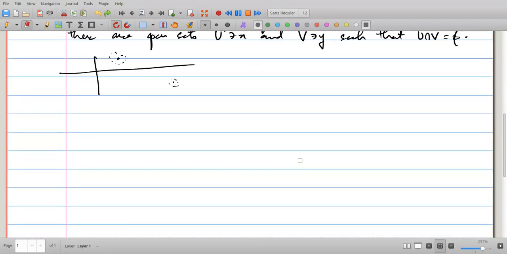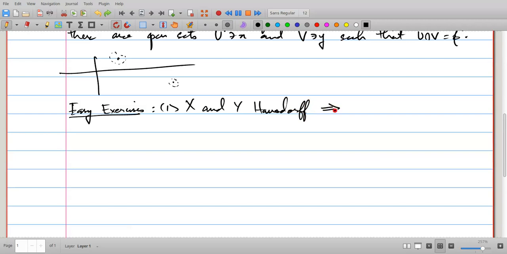So here are some easy exercises. X and Y Hausdorff implies the product is Hausdorff. Do the same for arbitrary products.